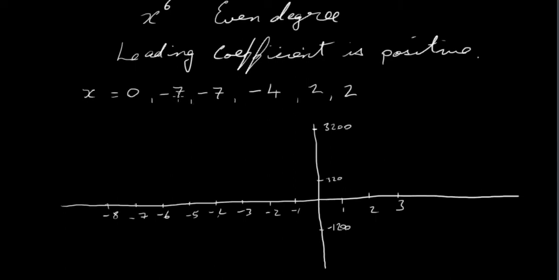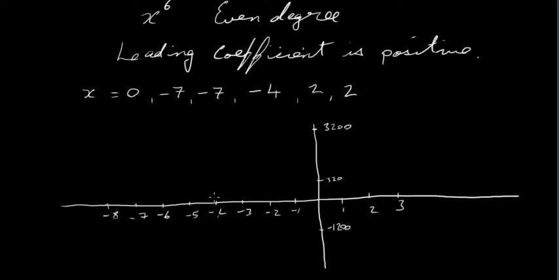So I've got -7, which is a root of multiplicity 2. Because it's an even multiplicity, I'm going to come down here and hit -7, but I'm not going to cross the x-axis, I'm going to go back up again.